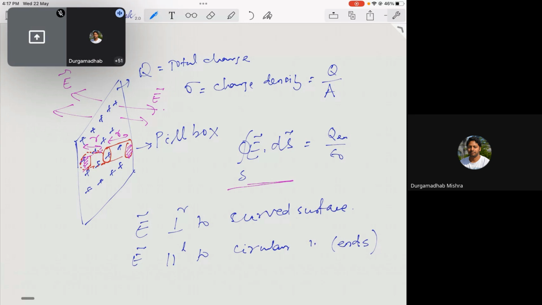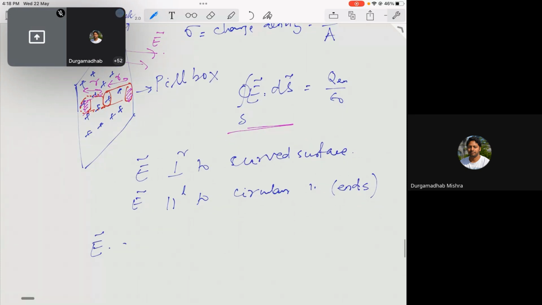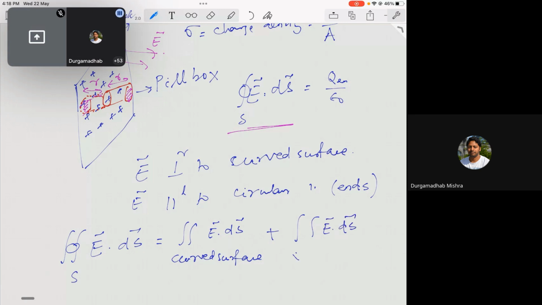So now if I want to apply Gauss's law, it is basically E dot dS, a double integral over the surface, which I will write as E dot dS over the curved surface plus E dot dS over the circular surfaces.